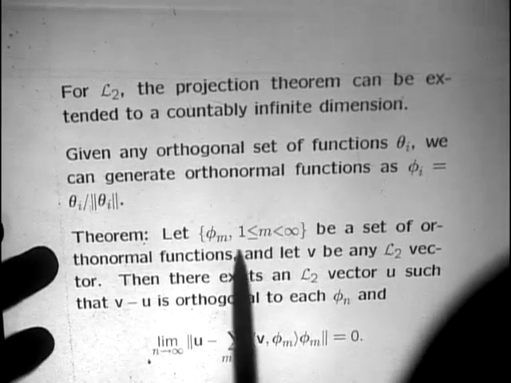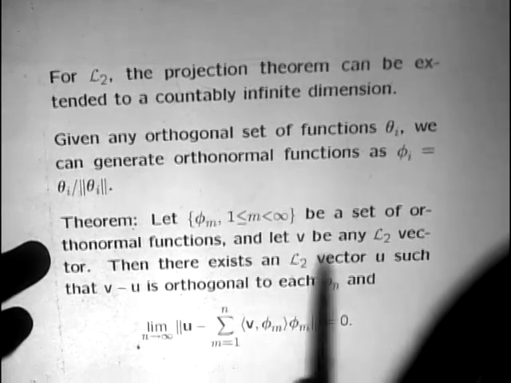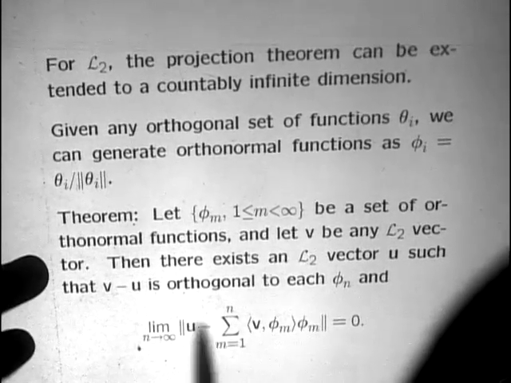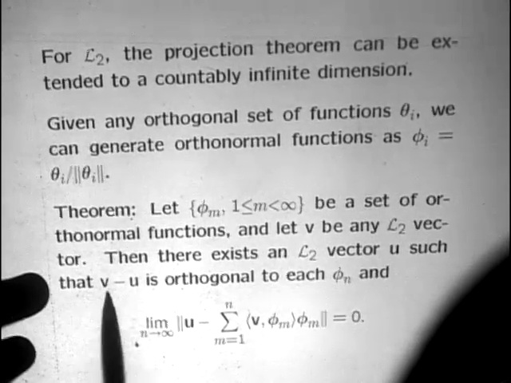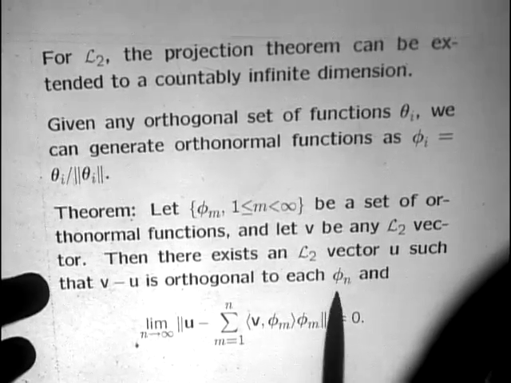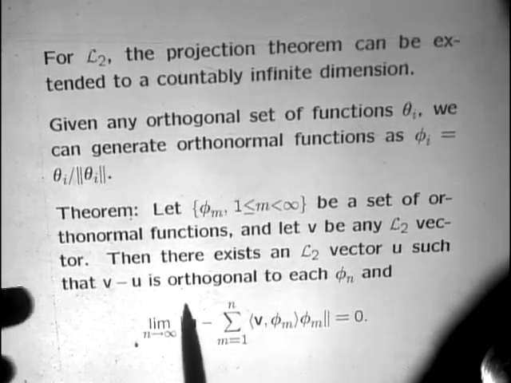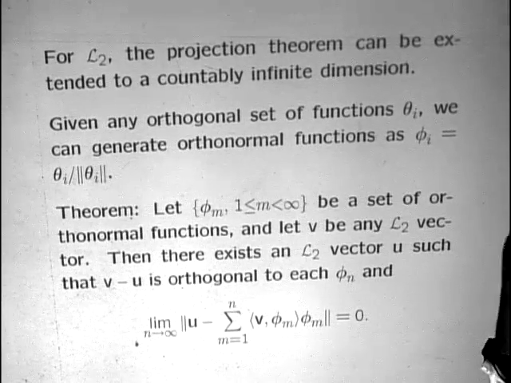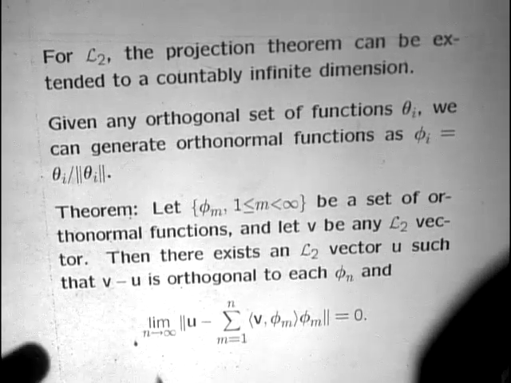It says let phi sub m be a set of orthonormal functions. Let v be any L2 vector. Then there exists an L2 vector u such that v minus u is orthogonal to each phi sub n. In other words, this is the projection theorem carried on as n goes to infinity. But I can't quite state it in the way I did before.